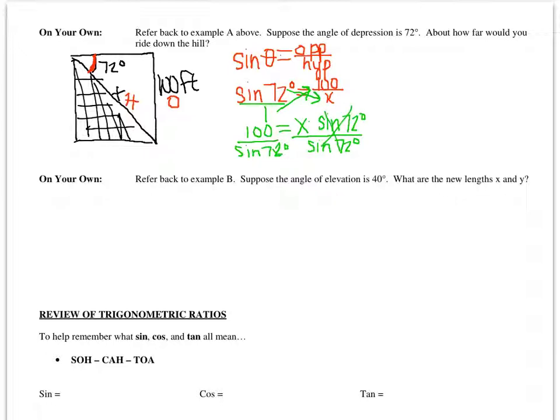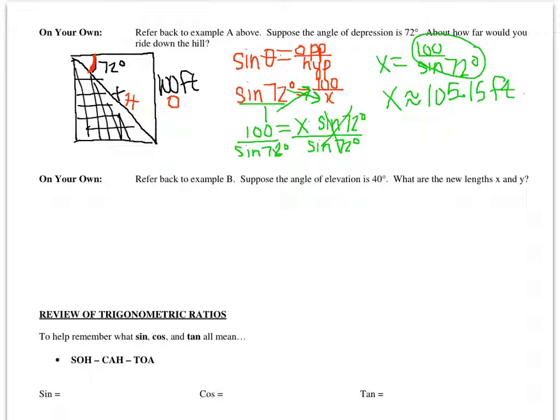That will make those sines on the right side cancel out and leaves me x all alone. So x equals 100 divided by the sine of 72 degrees. So put this into your calculator and you'll find that x is about equal to 105.15, and my unit there was feet.